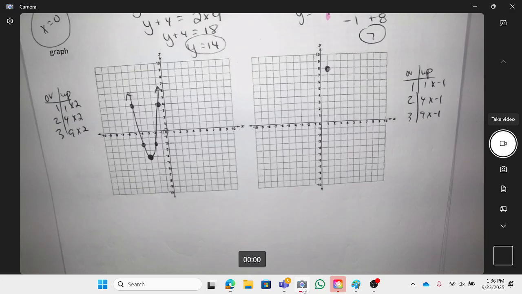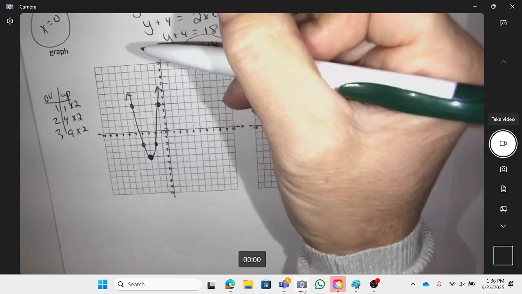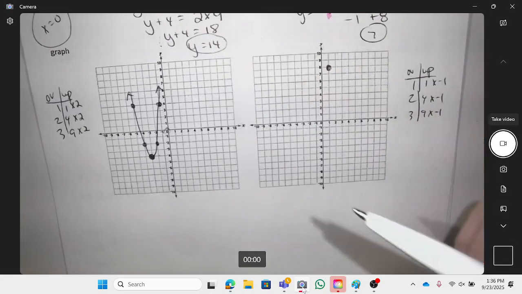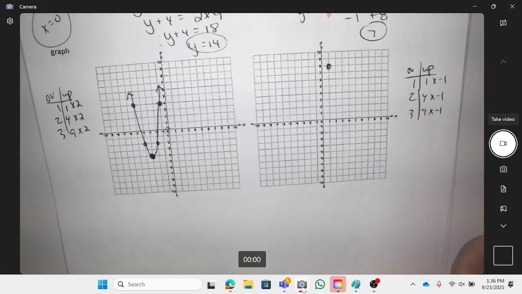Over 1 up 2, over 2 up 8. And I can be done because my criteria is 5 points. That's my criteria. Okay? Hey, how does 14 look on the y-axis? Will we travel through it? Does it look appropriate? Yeah, looks good. Okay, I'm going to head up there. Good?